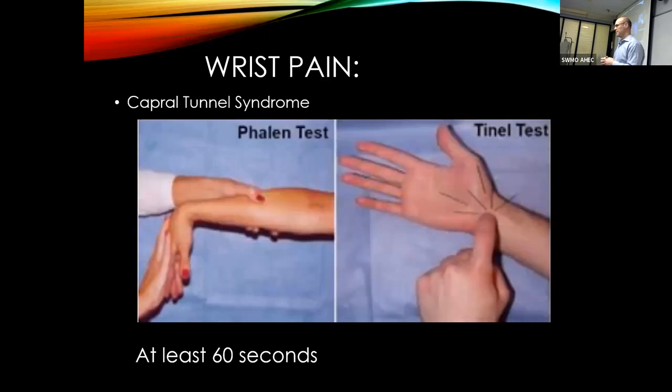So Phalen's test is a really good test. Tinel's test is a good test too, but it's really, really hard sometimes to be provocative unless it's really bad. What exam findings will you see looking at a hand with carpal tunnel syndrome? Yeah, thenar atrophy.